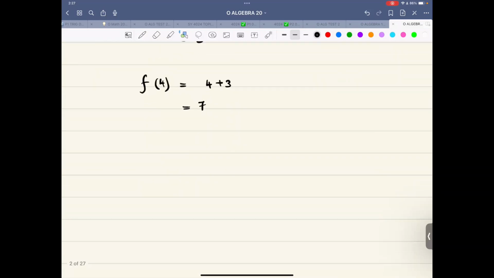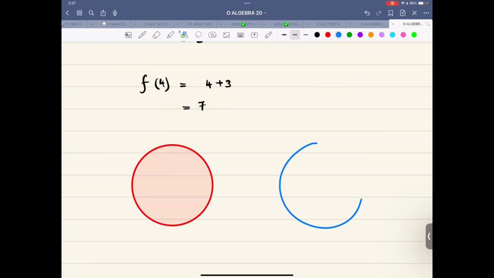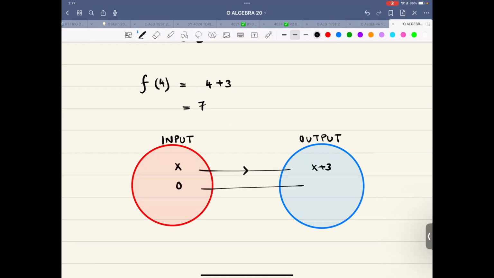If I draw a box with an input and an output, x becomes x plus 3. That is the function. 0 becomes 3 and 4 becomes 7. This is the input, this is the output.